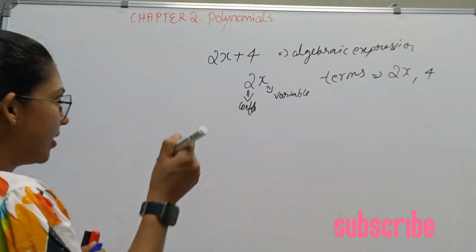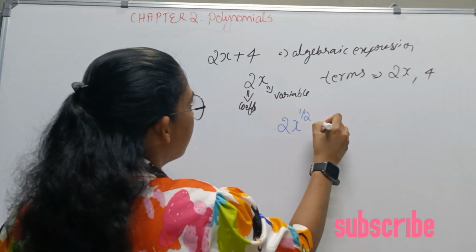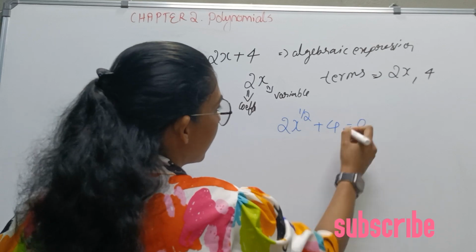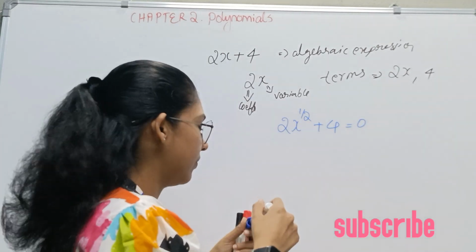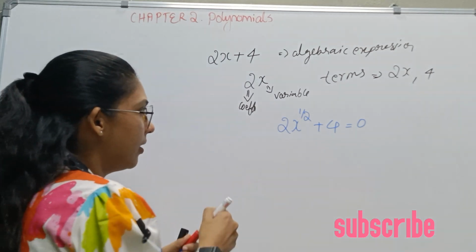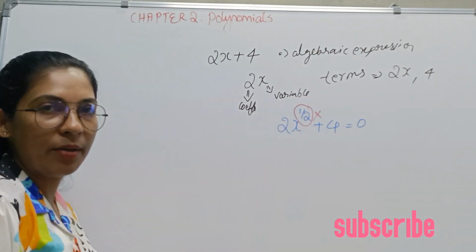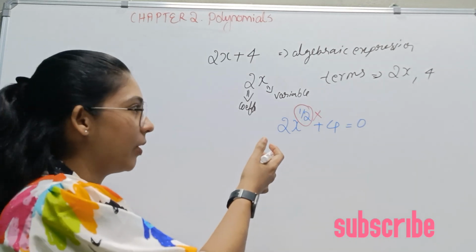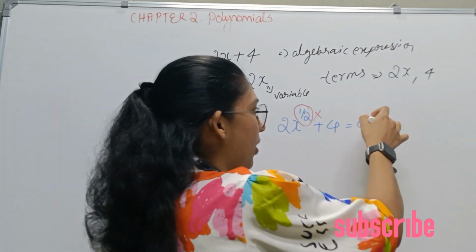Let us take 2x to the power 1 by 2 plus 4 is equal to 0. Is this algebraic expression a polynomial? Of course not. Why? The power of the variable in this case is 1 by 2. This is a fraction, not a whole number, so this is not a polynomial.